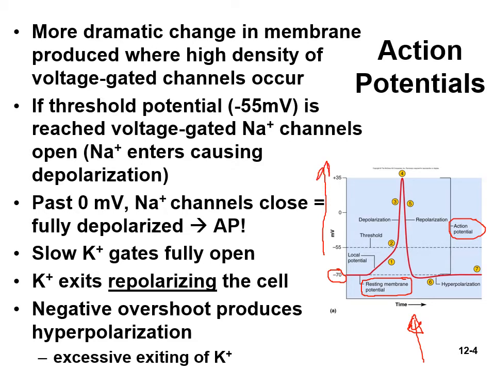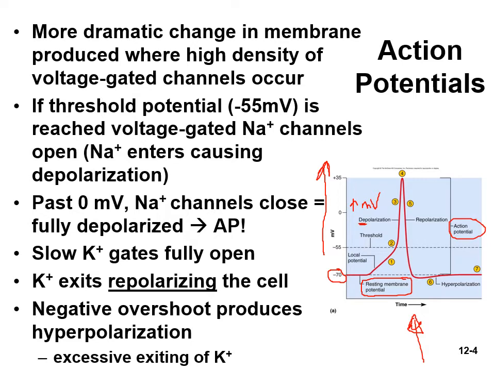The cell membrane has to become more positive. And that process of becoming more positive is called depolarization. So anytime you see the word depolarization, I want you to think about the fact that I am increasing my membrane voltage. So I'm making my cell membrane more positive.